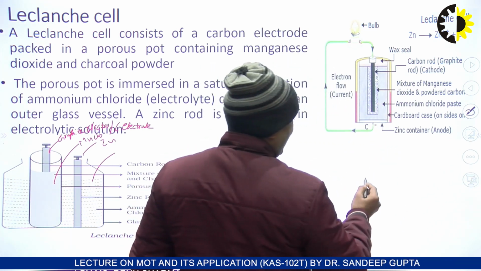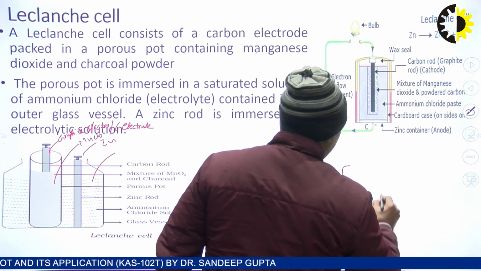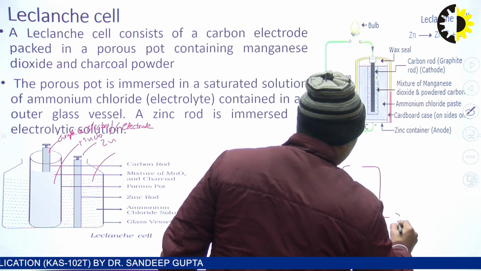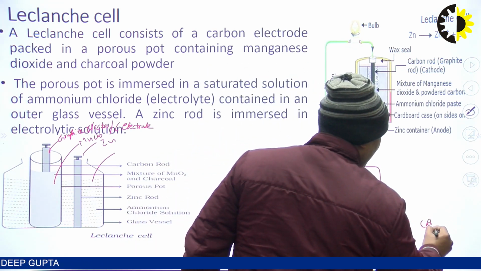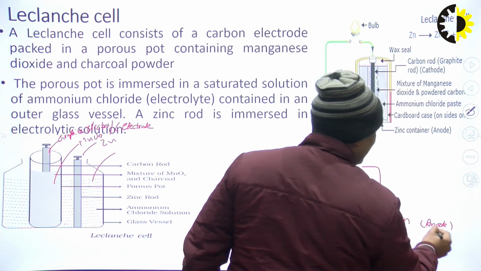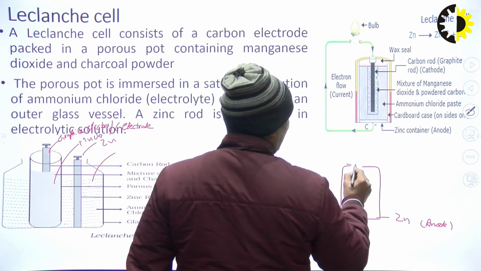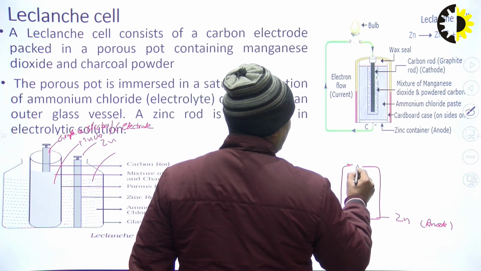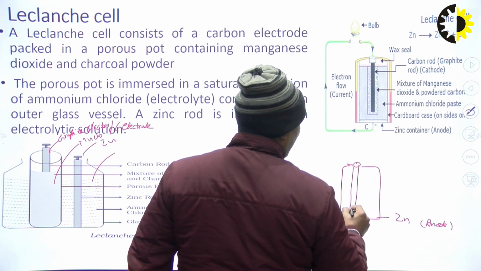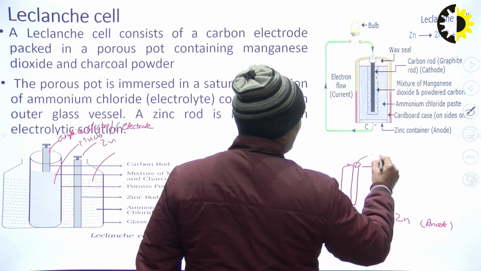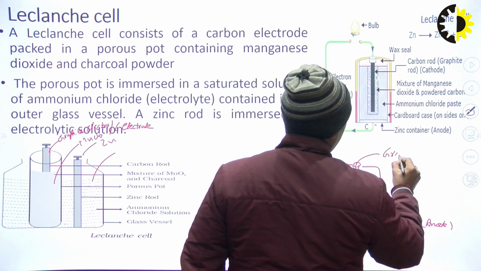In this diagram you can see the outer shell is made of zinc, and this zinc acts as the anode here. We will discuss later why we are saying anode. And this zinc is quite segregated from this, and this is one more electrode, which is a carbon electrode or graphite electrode.